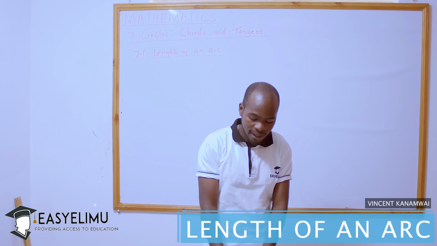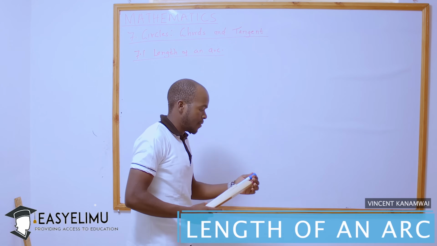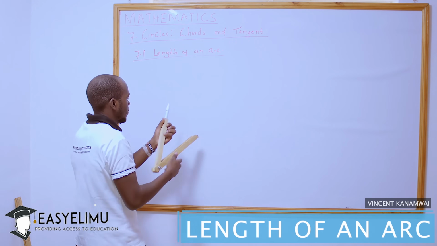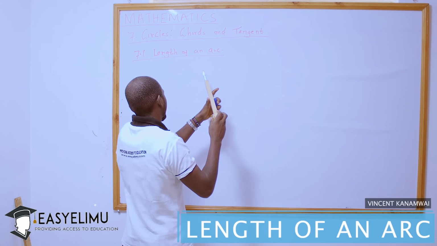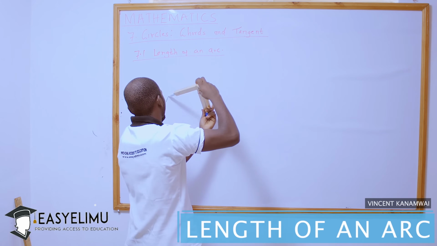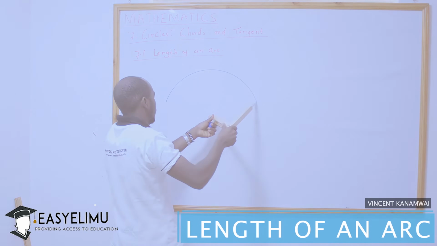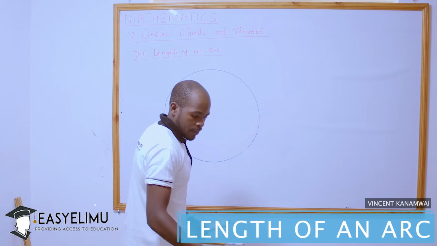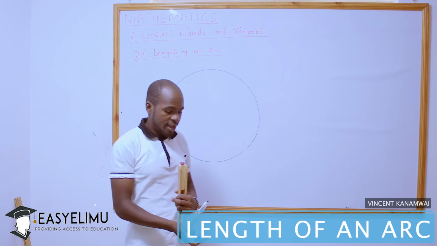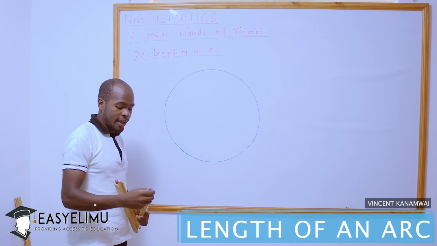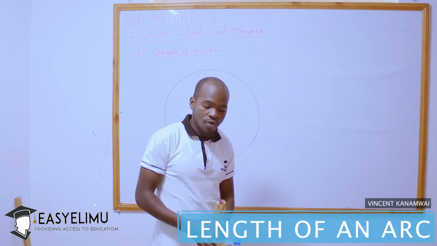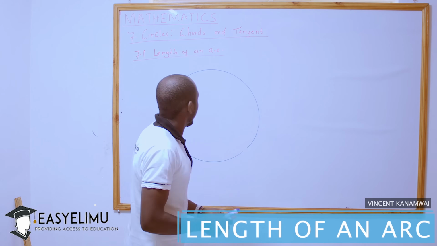Let's see, for instance, for example, given this kind of a circle, let's say we have a section which is cut.